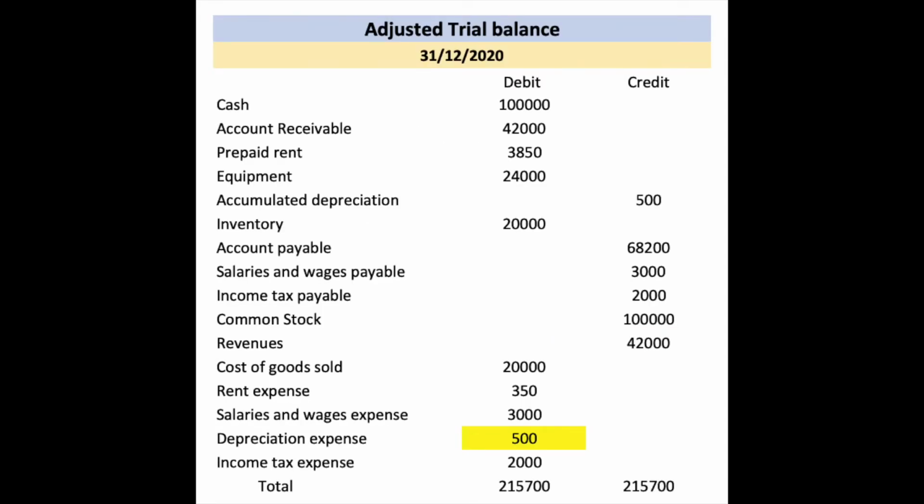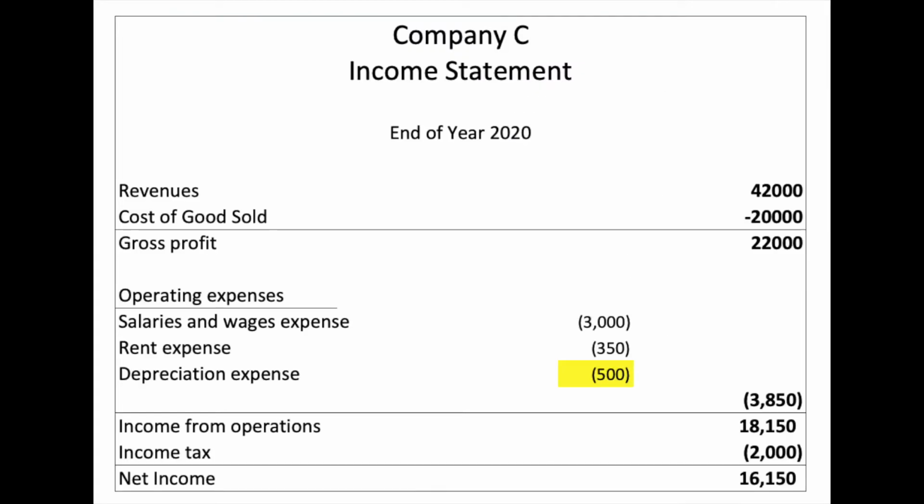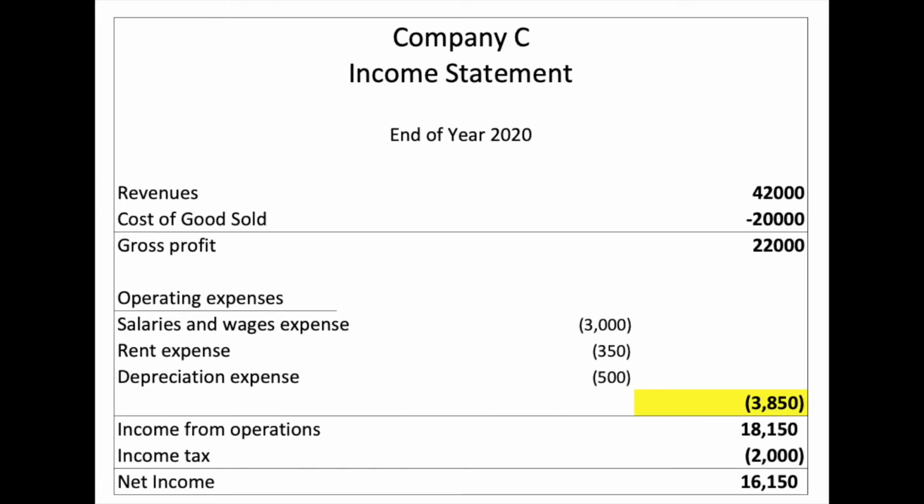Sixthly, depreciation expense is reduction of long-term asset cost. It is shown in the operating expense section. Total operating expense is $3,850.